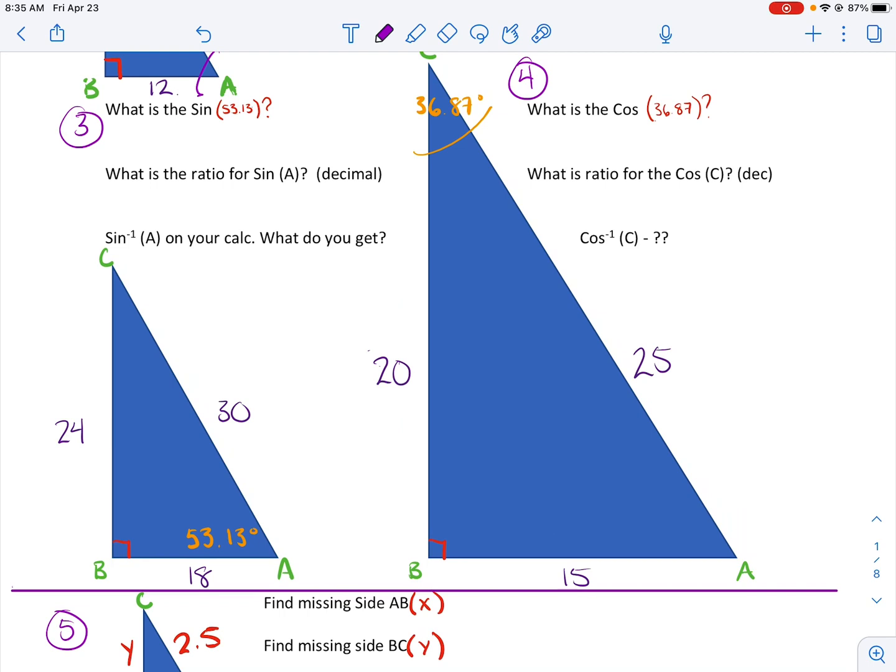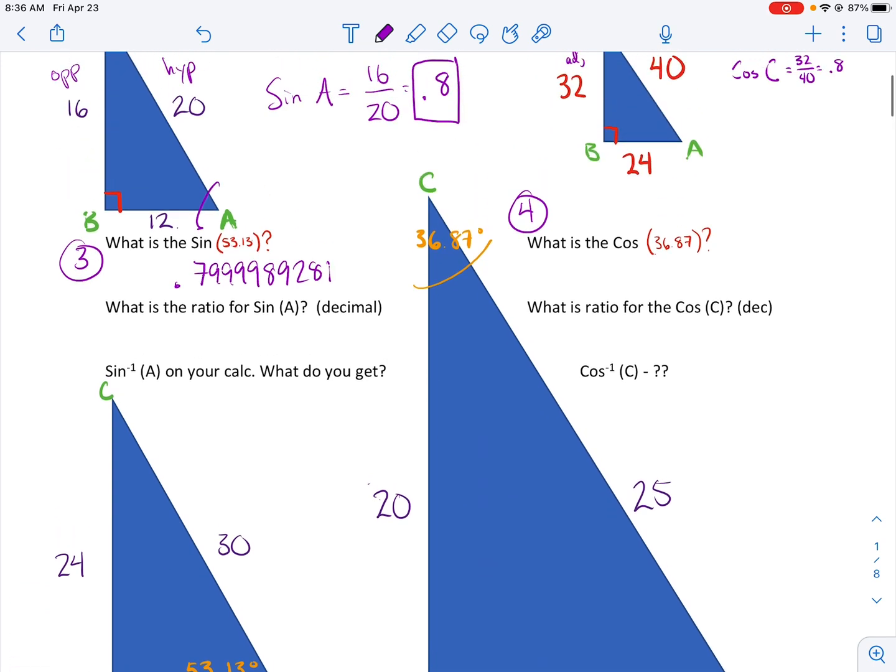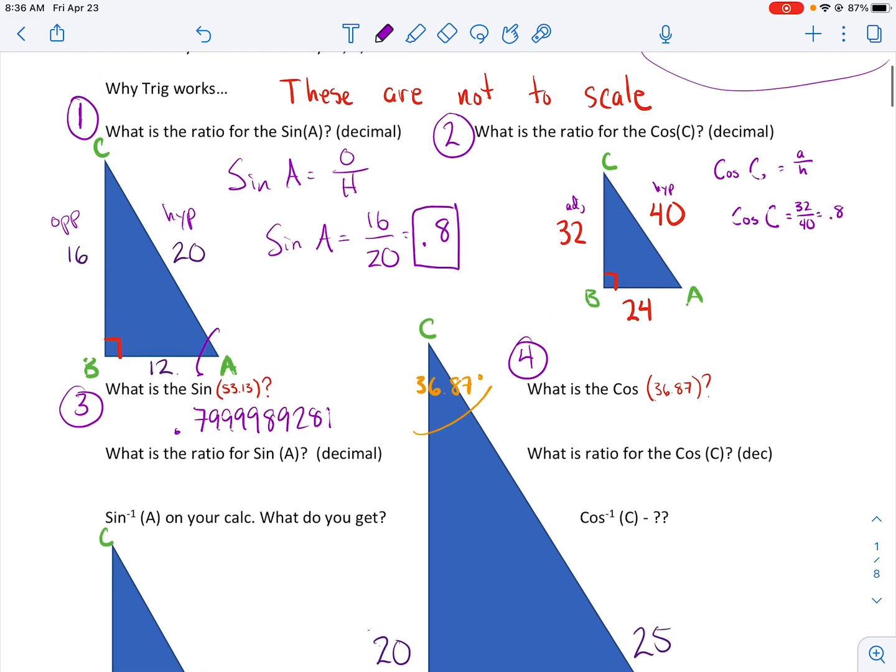Okay, so it says the sine of 53.13 degrees. Okay, and what do we get? 0.7999. How many nines? 4 nines. 89281. Okay, very close to 0.8.